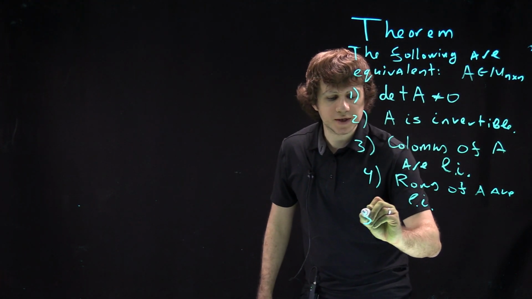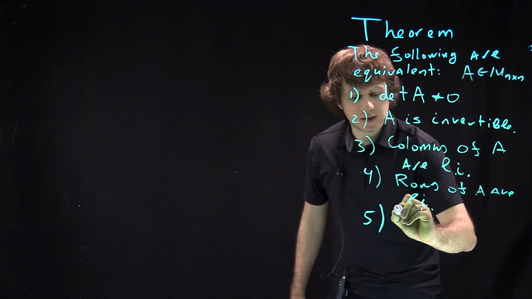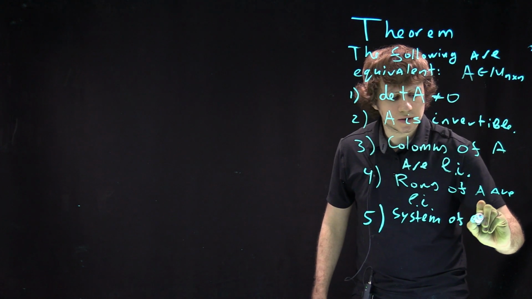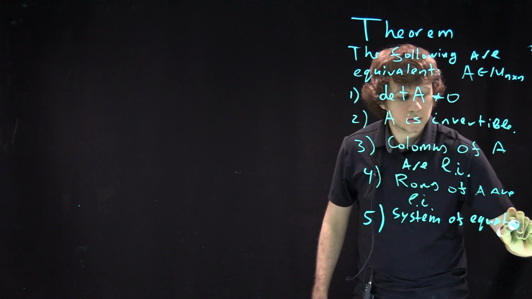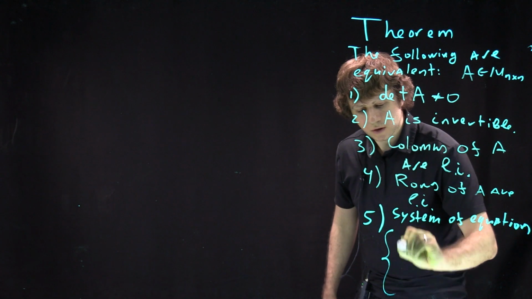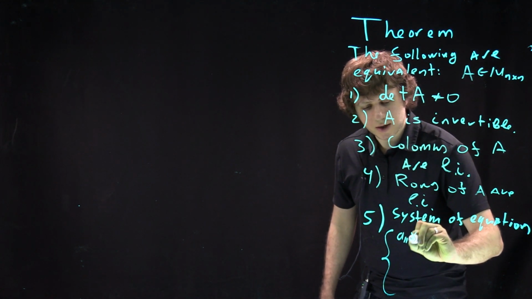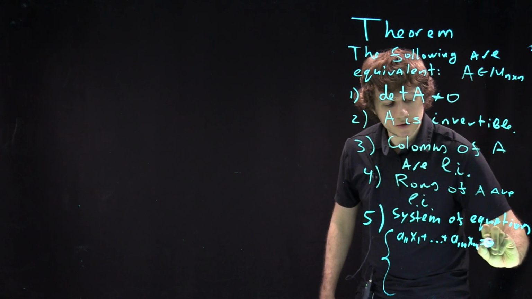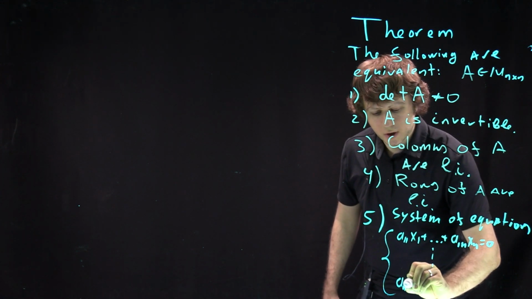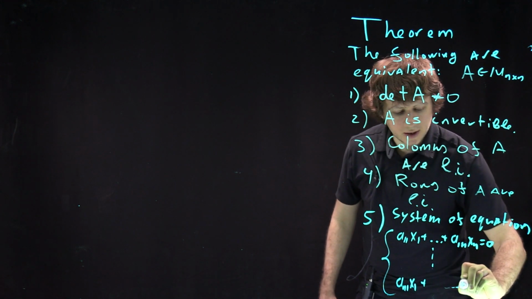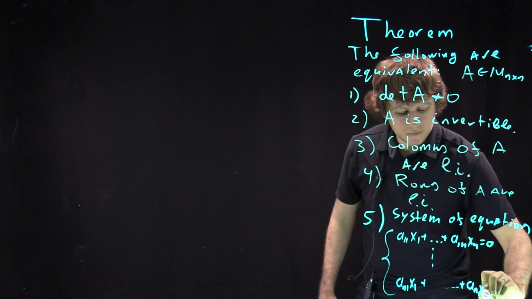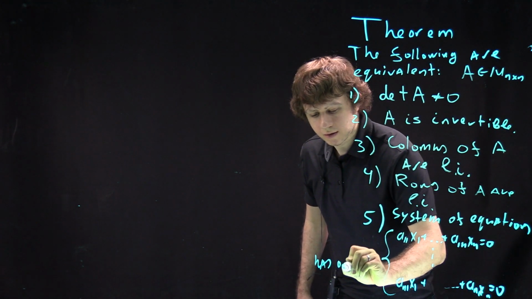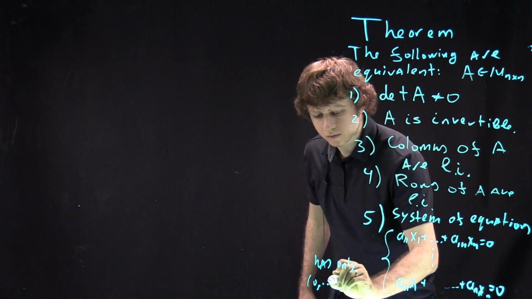Maybe 5 is a system of equations a11 x1 plus ... plus a1n xn equals 0, ..., an1 x1 plus ... plus ann xn equals 0, has only the 0 solution.